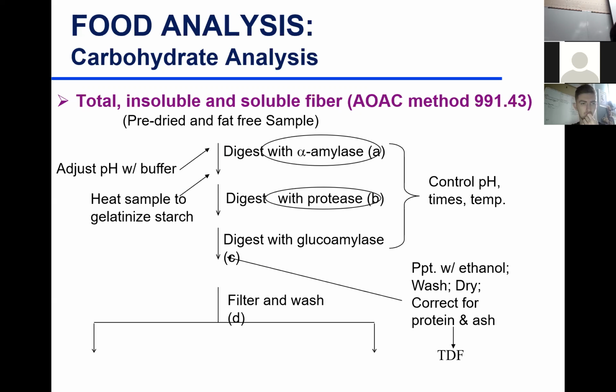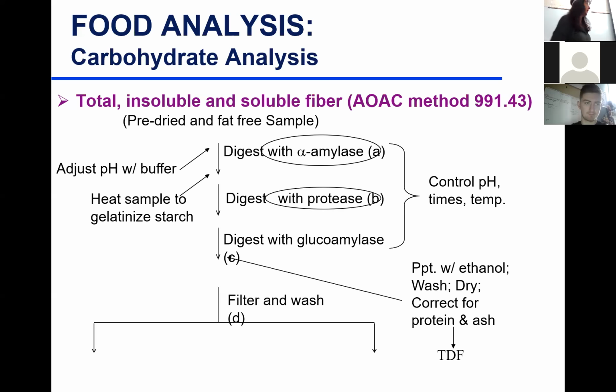So you pre-dry and defat your sample, and then you want to break down everything except dietary fiber. So you want to get rid of starch. We gelatinize the starch to enhance digestion, which means we heat the sample a little bit so the starch gelatinizes.